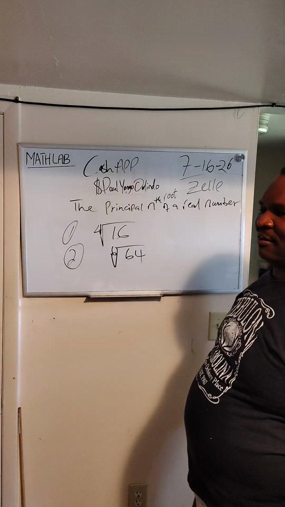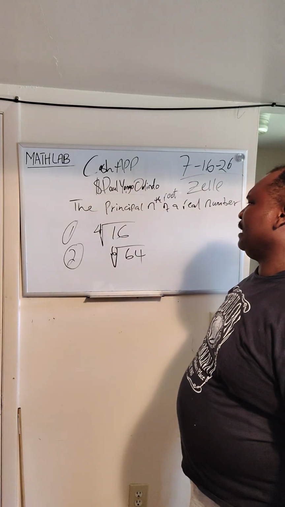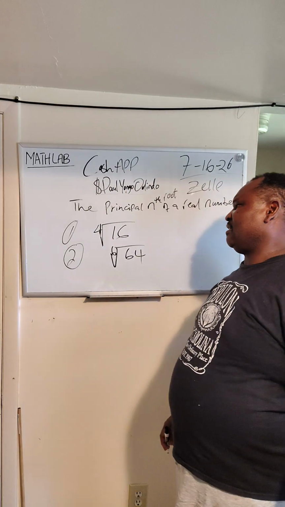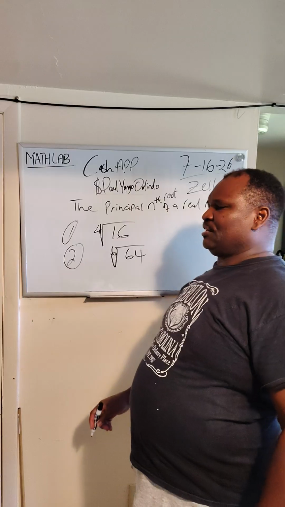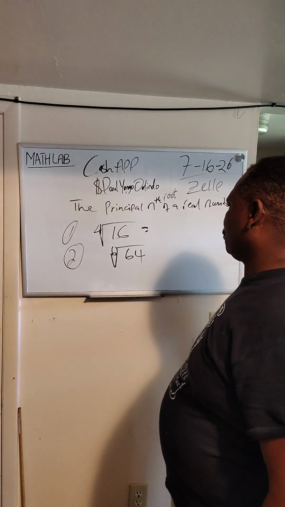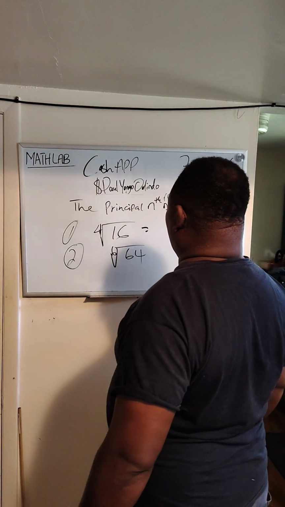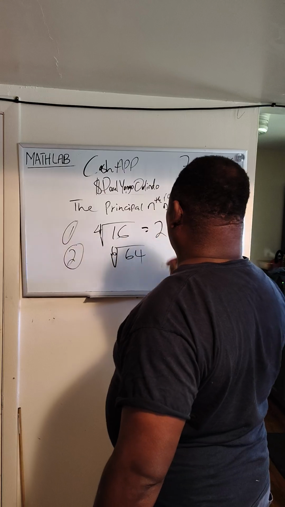4 is at the tail. We want to find the nth root of 4, with 4 at the tail and 16 under the root. So now this is equal to 2, all right?